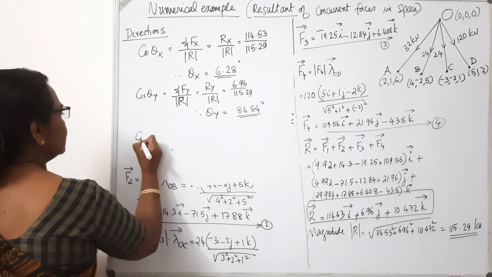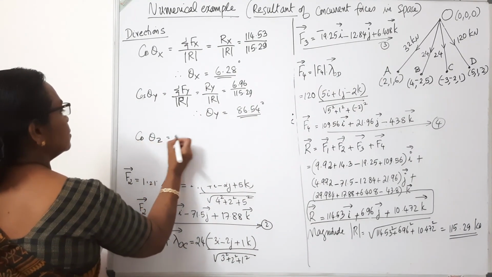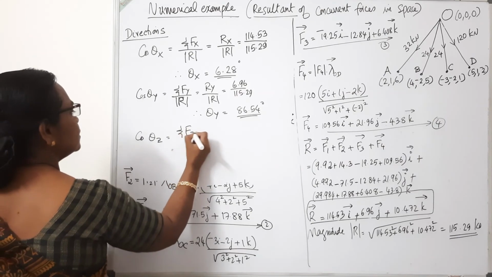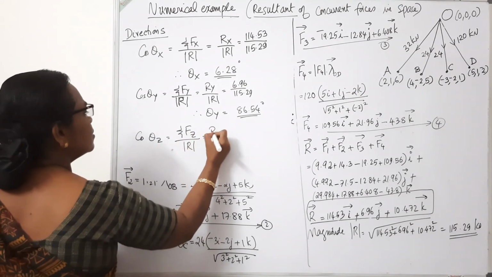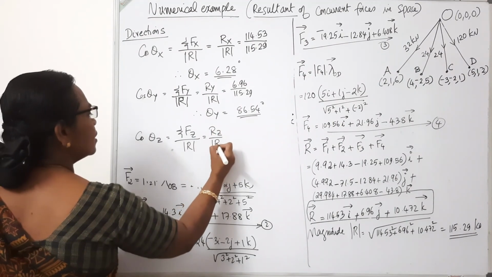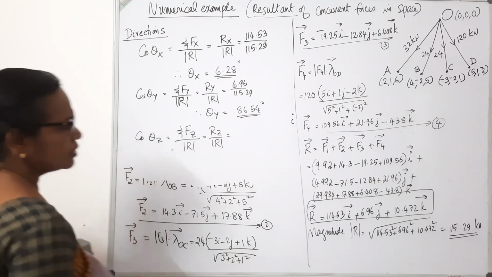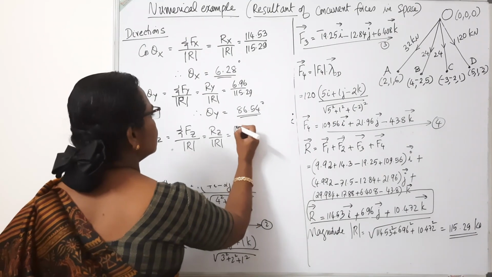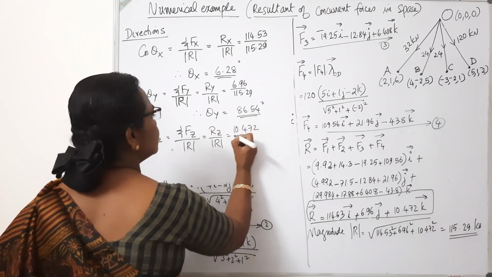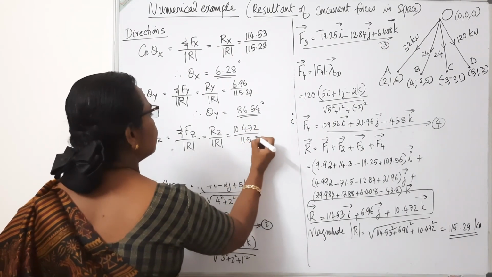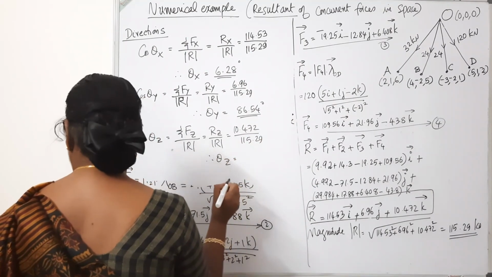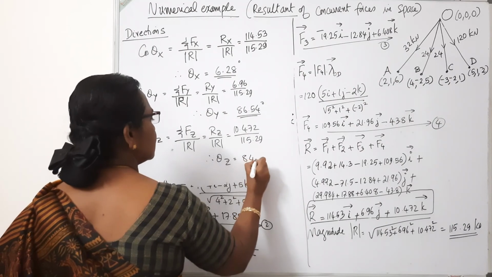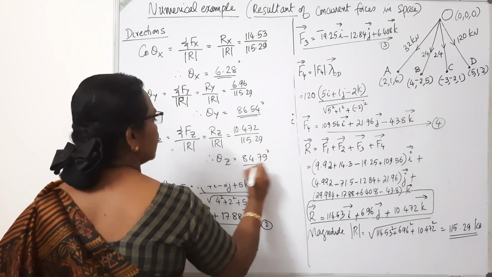And similarly, cos theta z is equal to sigma Fz divided by mod R, or Rz by R. The third term, 10.472, divided by 115.29. From that you get theta z, 84.79 degree.